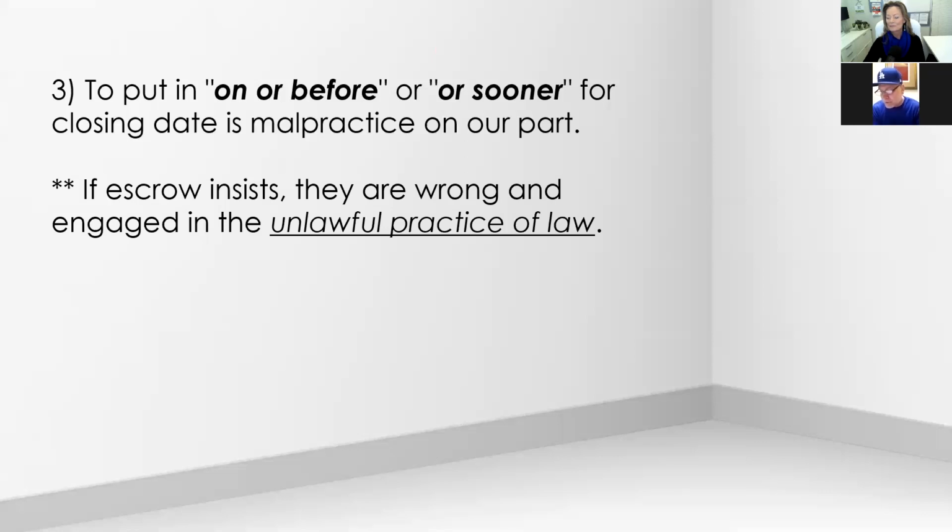And of course, the question was brought up, well, what about escrows? Escrows tell us we have to. And so they said, tell escrows. You'd let the escrows know that they are engaged in the unauthorized practice of law by saying you have to have that, because it is an unenforceable provision.